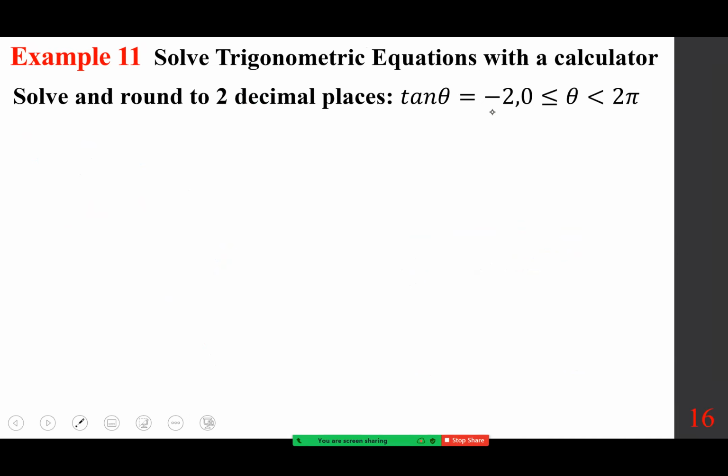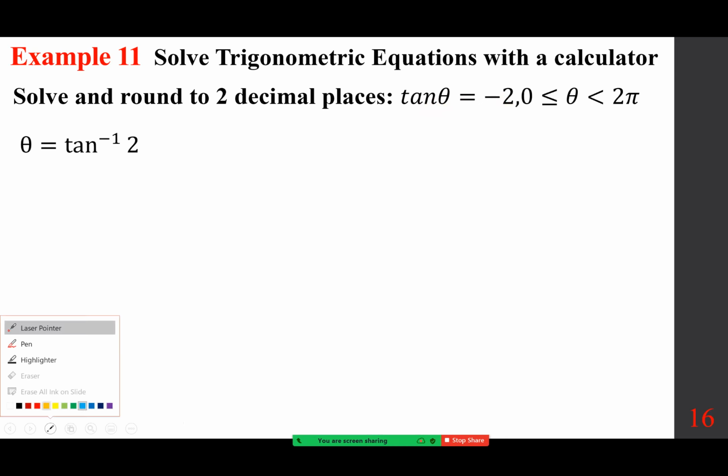All right, tan theta equals -2. Again, we have the same situation. It is not a common arc, and it's between 0 and 2 pi. So when we put it into a calculator, first of all, we write tangent theta equals -2 means theta is tan inverse of -2.